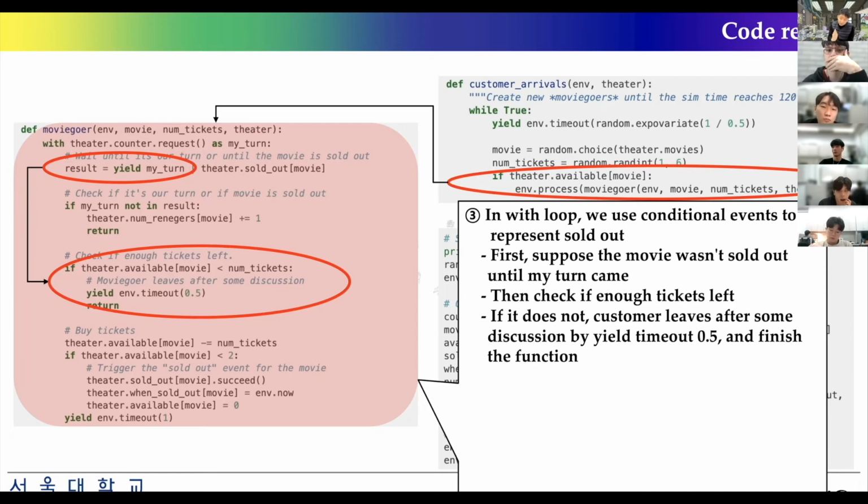And if the number of remaining tickets is smaller than 2, then the sold out event is being triggered and the variable available number is changed to 0. If this number is set to 0, this moviegoer cannot enter the ticket counter anymore in this part.